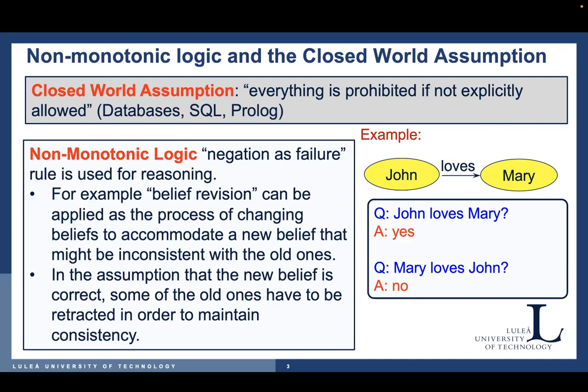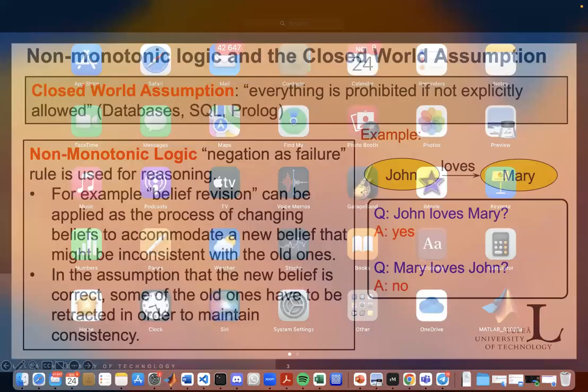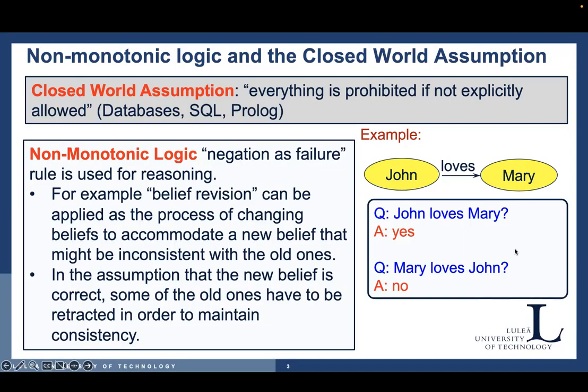So the example is kind of illustrated here. If we have an entry with a certain statement that John loves Mary, this is the only thing we can infer. We cannot infer the opposite, so the bidirectionality.